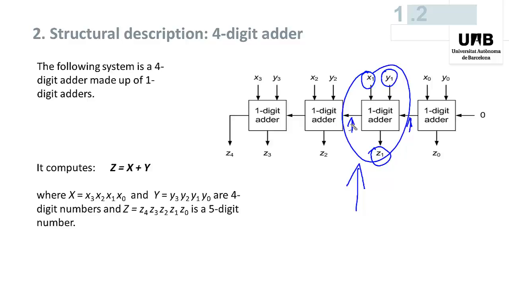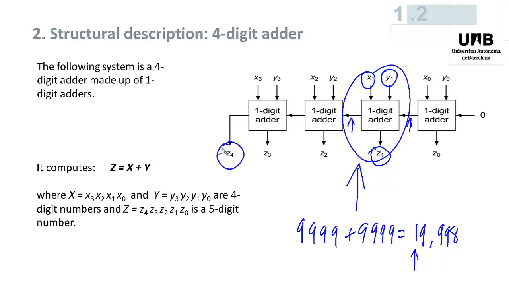Observe that the maximum value is this one, 19,998. That is to say, a 5-digit number whose most significant digit is equal to 0 or 1. This one is the carry out of the last step of the addition.